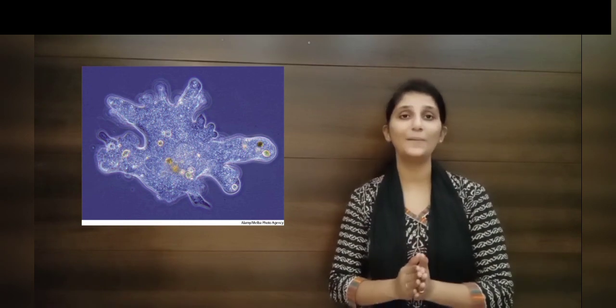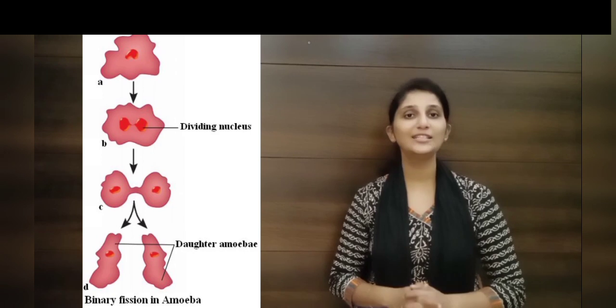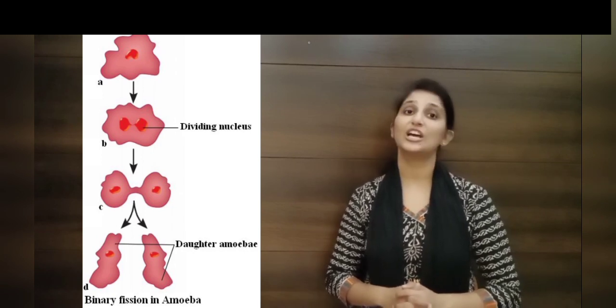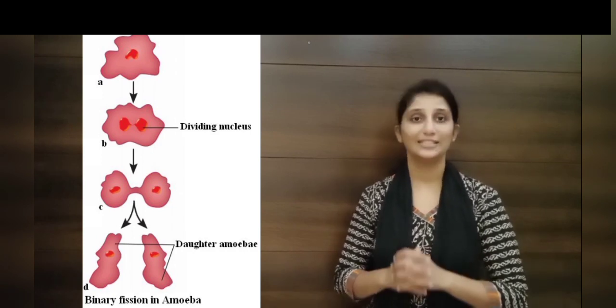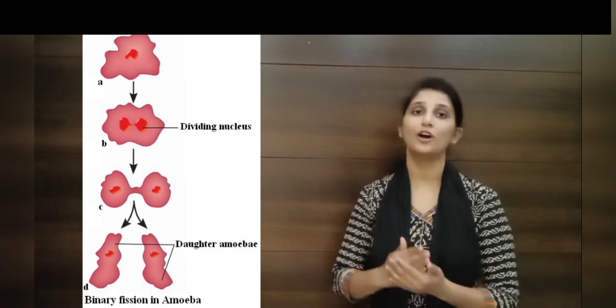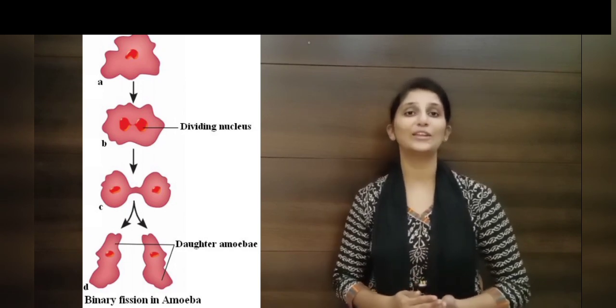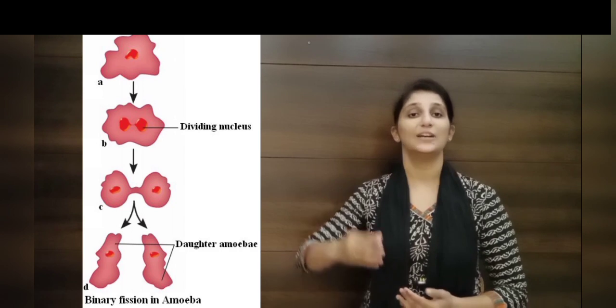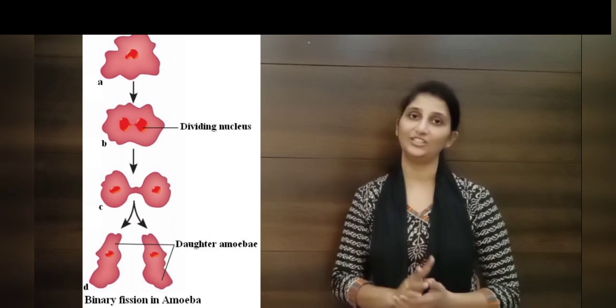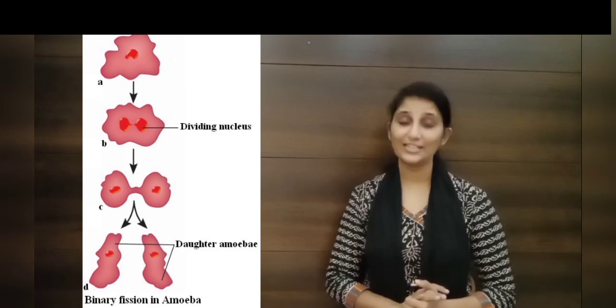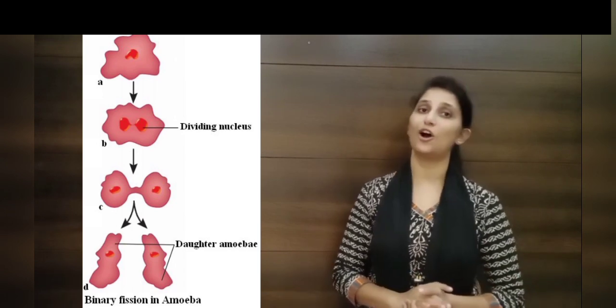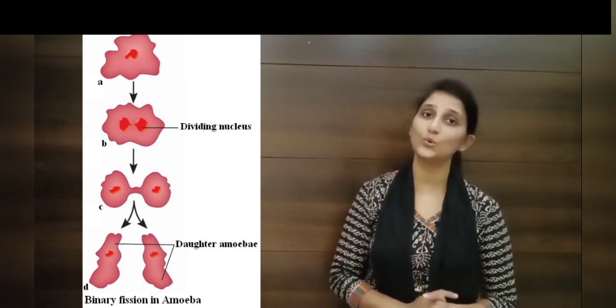Let's see how amoeba divides by binary fission. First, the parent nucleus divides, and the division of the nucleus is called karyokinesis. The nucleus divides into two daughter nuclei, and then it is followed by the division of the cytoplasm, called cytokinesis.